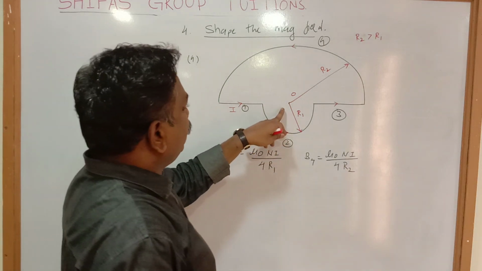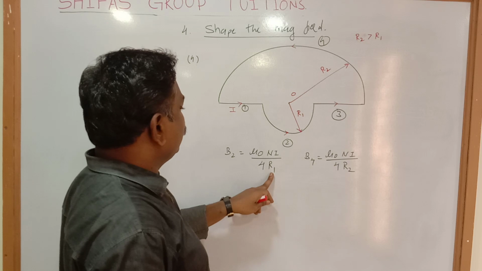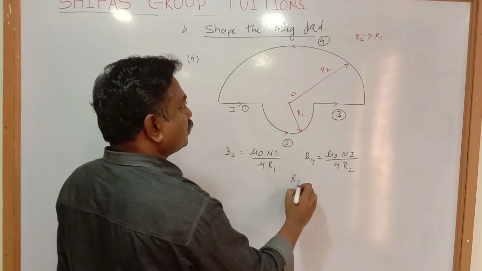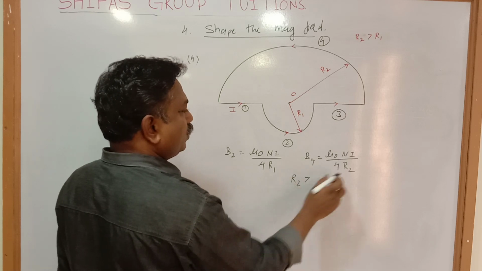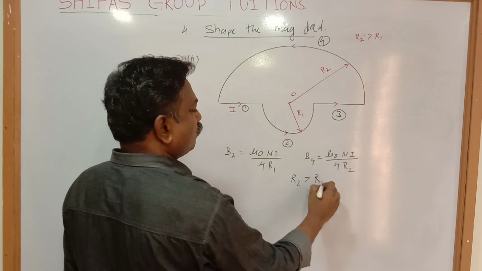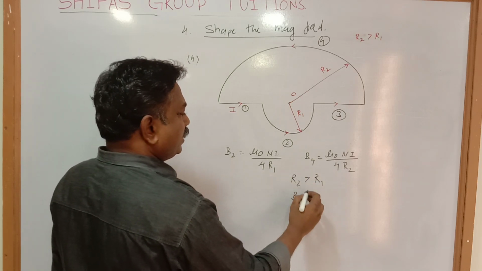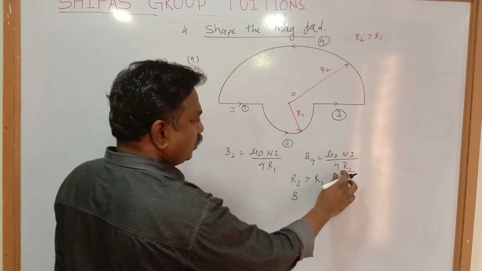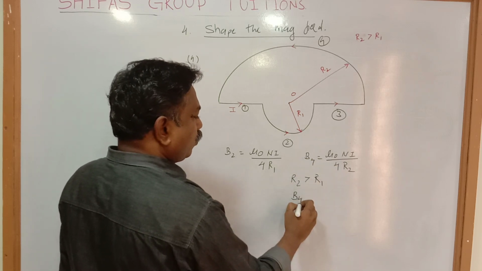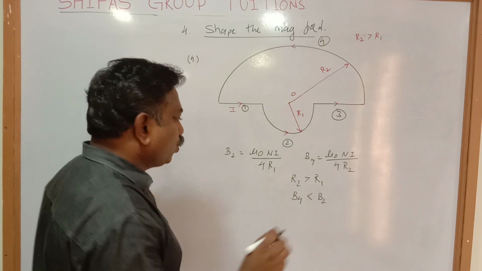Now R and B are inversely proportional. R2 is greater than R1, so B4 is smaller than B2.